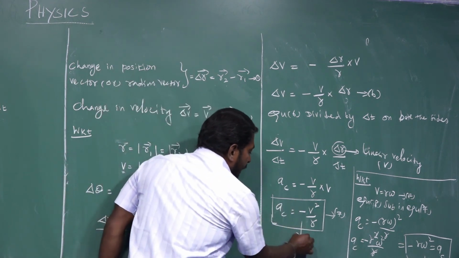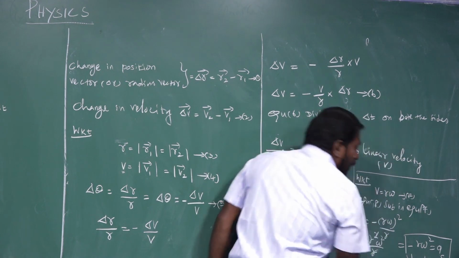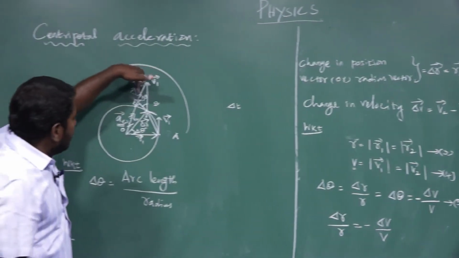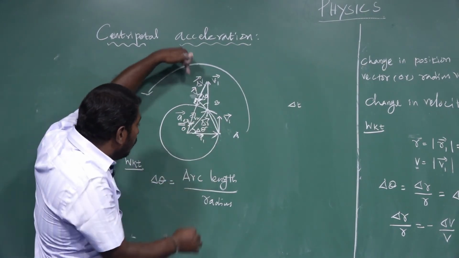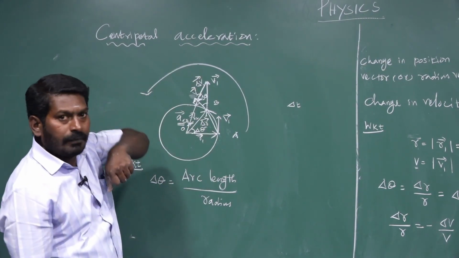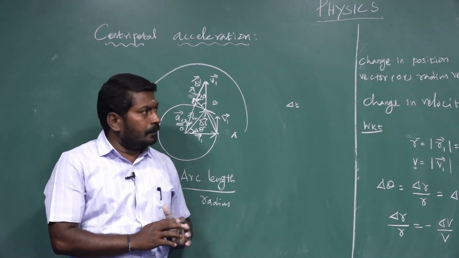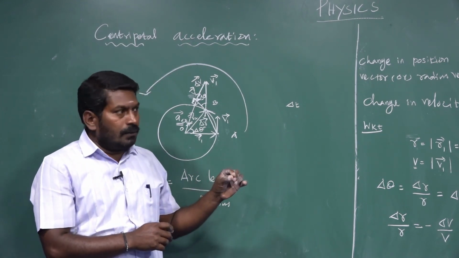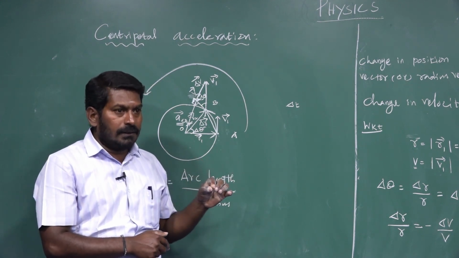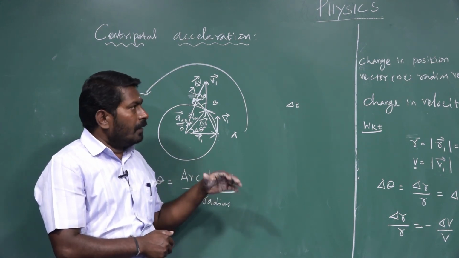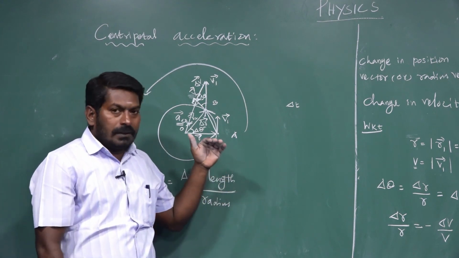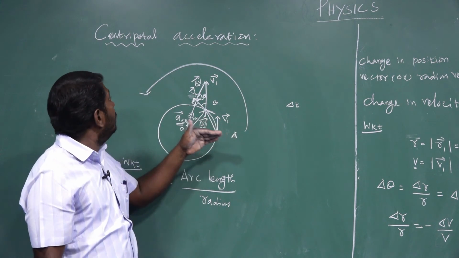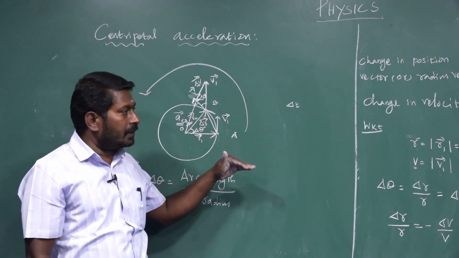The negative sign indicates that the centripetal acceleration is directed towards the center of the circular path. So in this video session, you learned what circular motion of an object is, what uniform circular motion and non-uniform circular motion are, tangential acceleration, and also centripetal acceleration.